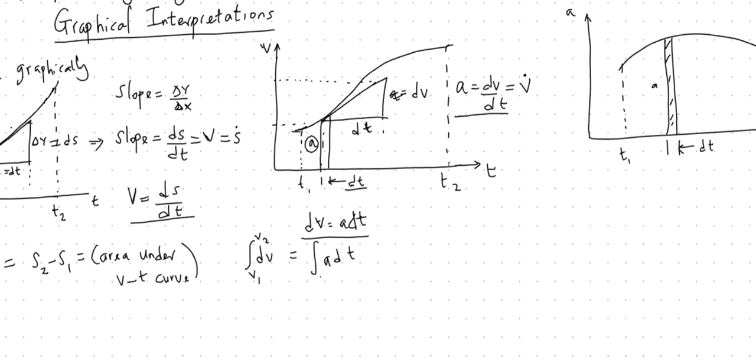So if I tidy up the equation, I'm going to have V2 minus V1 equals the area under the AT curve. Okay.